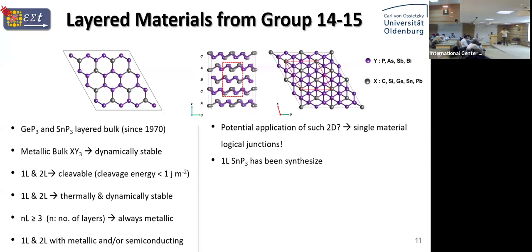The reason being, while I was working on summarizing those results, there was a collaborator of Thomas Heine who managed to exfoliate few layers of SnP3, which obviously made this our choice. They also showed that they are ideal candidates for some battery application, the lead-free electrodes. So this was then our choice.